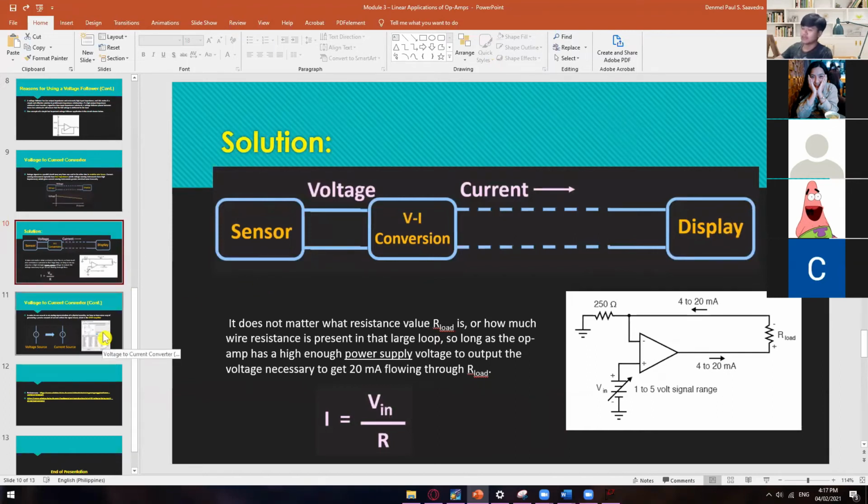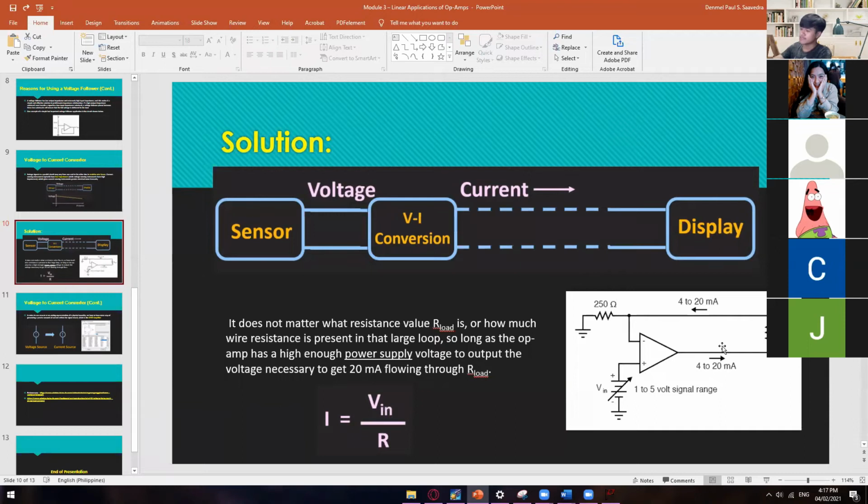Actually, I thought we could finish this one in just around 30 or 35 minutes. I was wrong. Anyway, here's the solution for us to have a stable source. Instead of having a voltage source, we're going to use a current source. Just use this formula and you will get the milliamps that it's supplying under the R load.